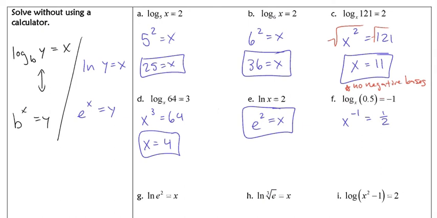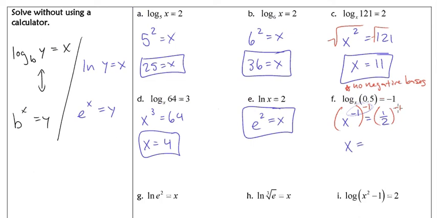So what we're going to do right here is put each of these to the negative 1 power. And now you need to be real comfortable with your exponent rules. When you have a base with an exponent, and then that to another exponent, you multiply these. So what is negative 1 times negative 1? Well, that's positive 1.